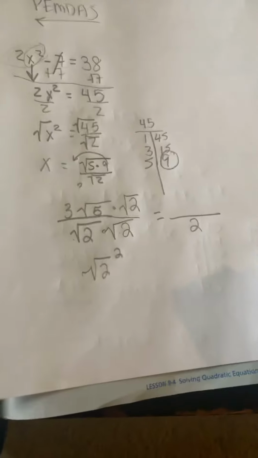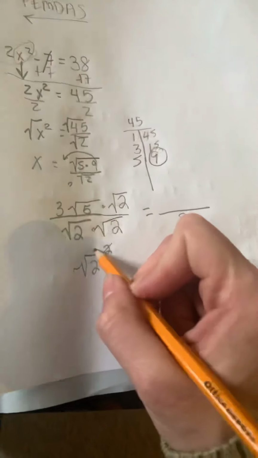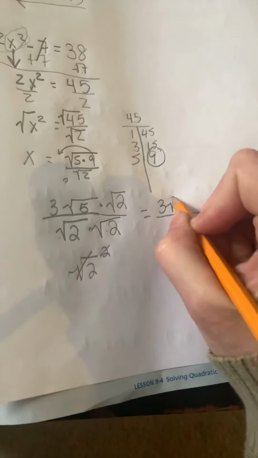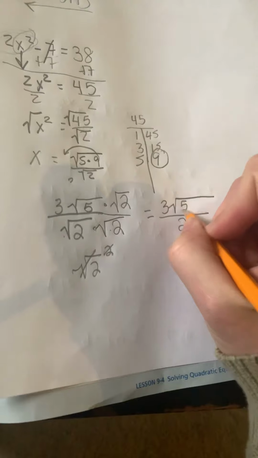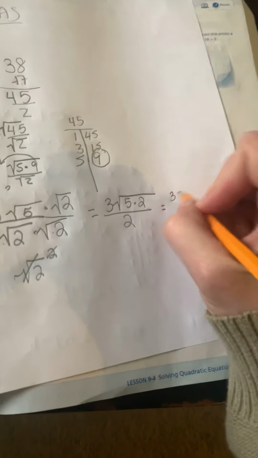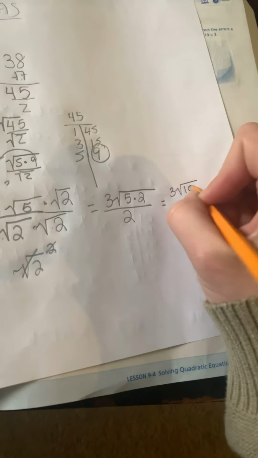You're multiplying something by itself, and then the square undoes the square root. So I get 3 square root of 5 times 2, three square roots of 10 over 2.